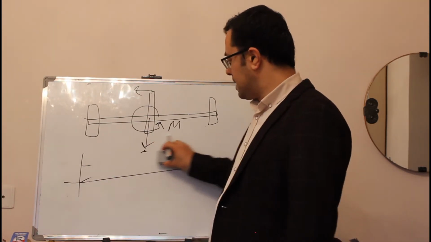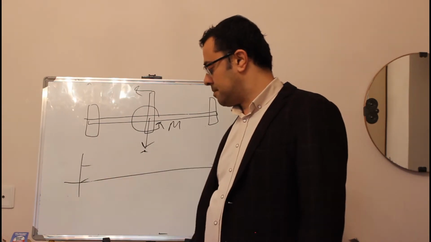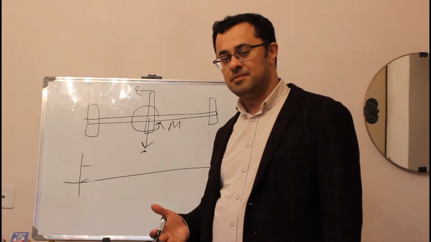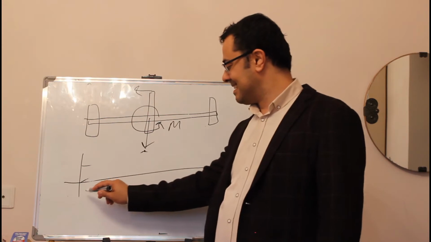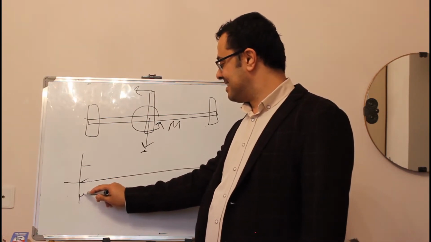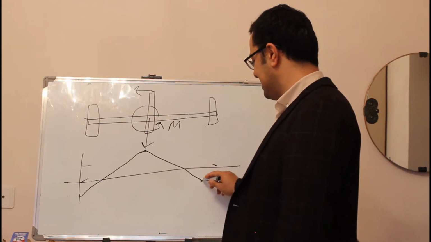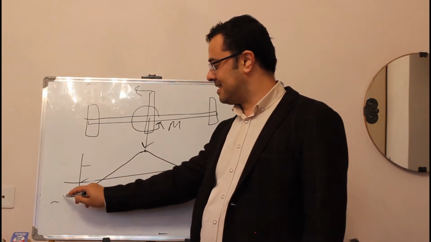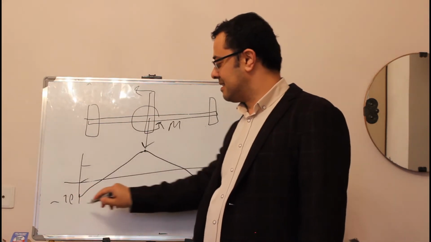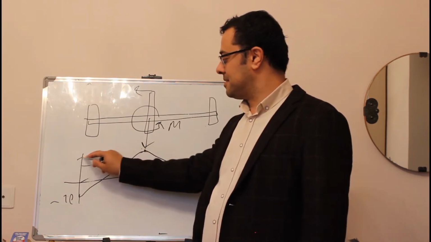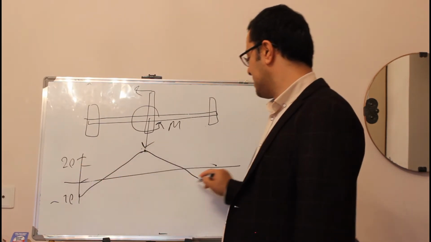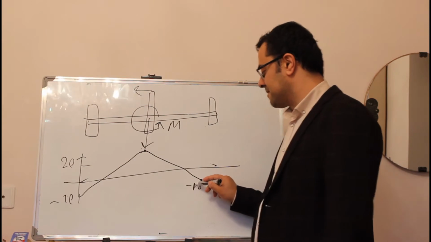Well, making mistakes is normal, but not in exam. So you go like this, and you go like this. So this is negative, let's say 10. This will be positive 20, since there are 2 negative 10s.